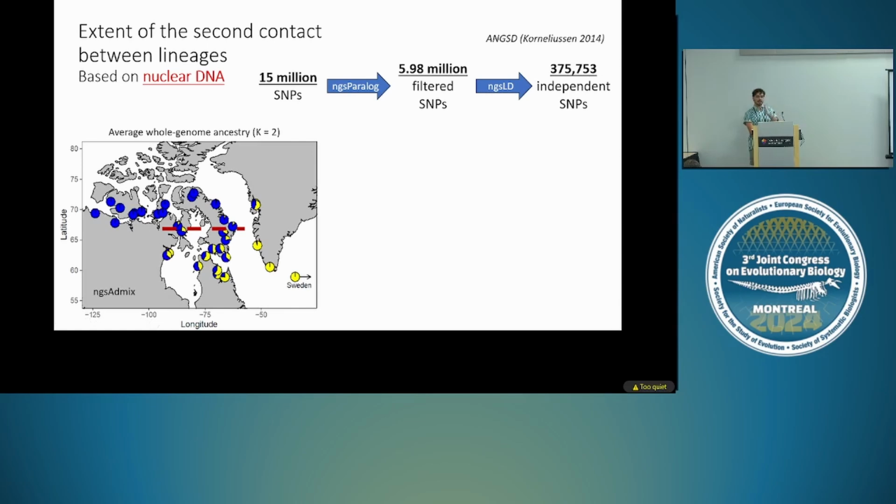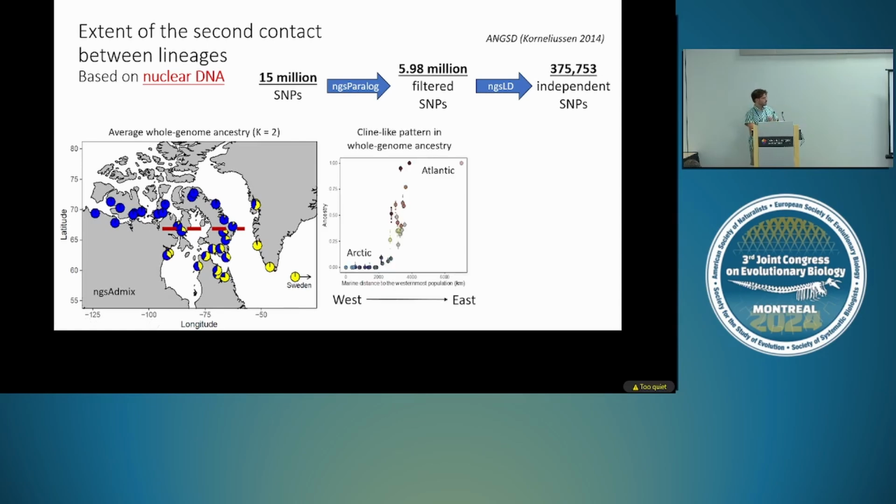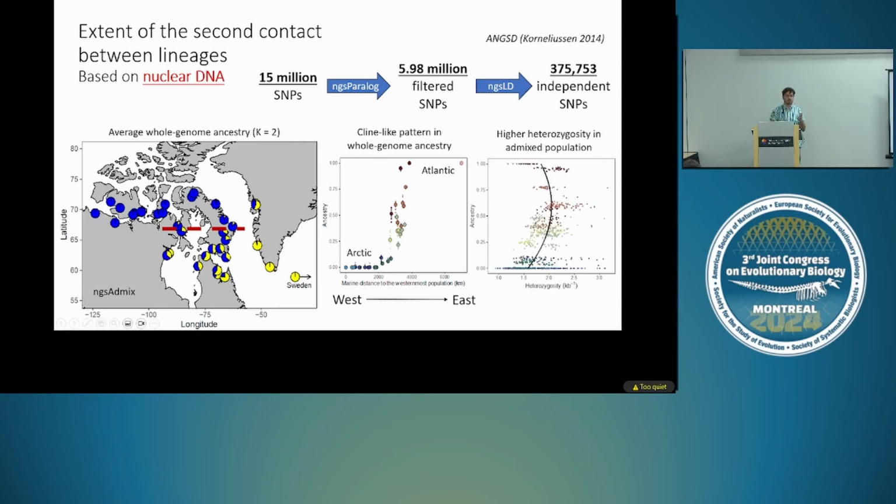If we look at this from a geographical standpoint, starting from the westernmost population and measuring marine distance, we see this very clinal pattern in average whole genome ancestry, with those southern populations being the putatively admixed ones. We also saw that heterozygosity and nucleotide diversity were higher in those intermediate admixed populations.